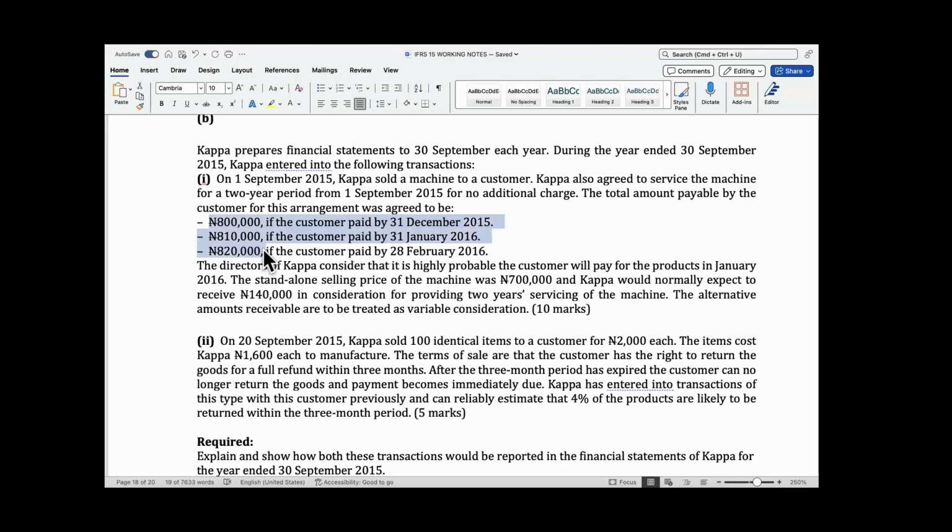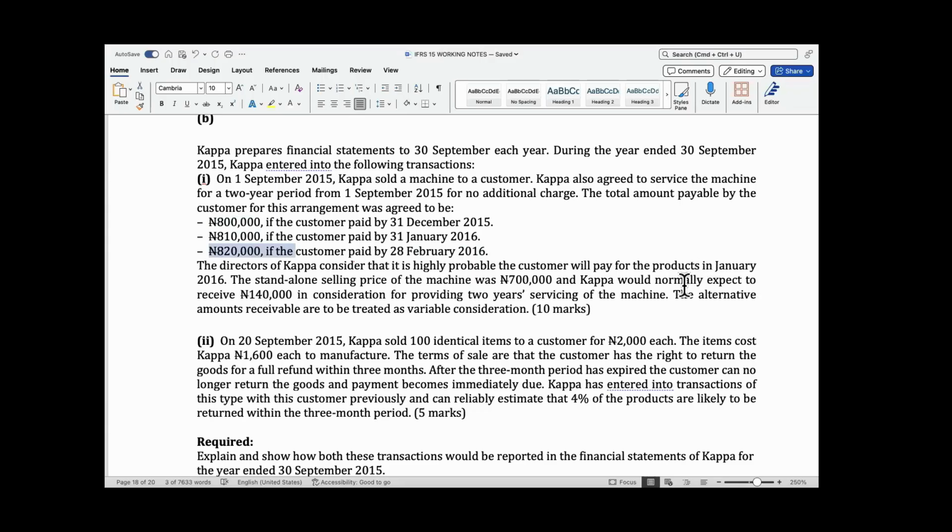Kappa is just trying to say, make sure you pay my money early. If you pay in December, you pay 800,000. If you don't pay in December and you wait till 31st of January to pay, that's 810,000. If you don't pay until 28th, your money will go up to 820.